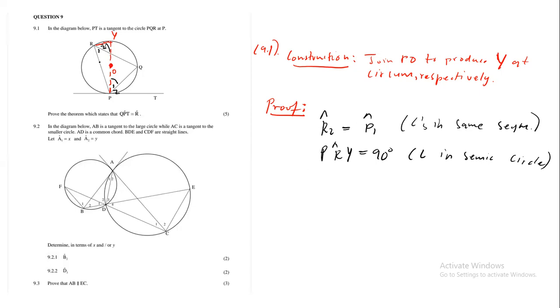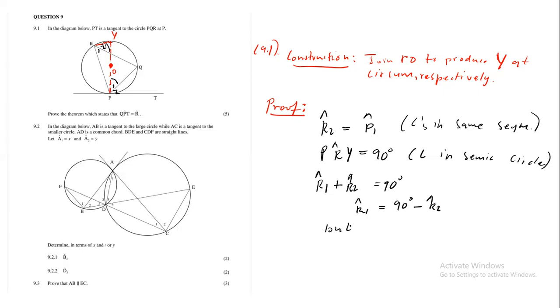And therefore, I'm going to determine angle R1 then. I'm saying angle R1 plus angle R2, both of them are equal to 90 degrees, because I have just mentioned that it's an angle in the same segment. That means R1 plus R2 is equal to 90 degrees. Let me solve angle R1. Angle R1 is equal to 90 degrees minus angle R2.